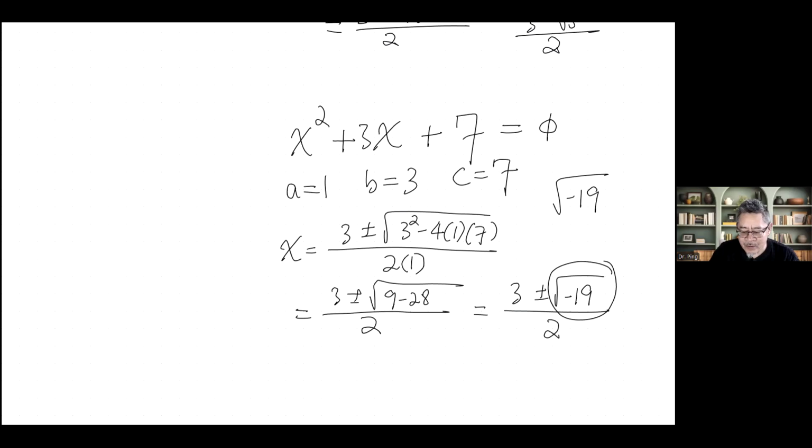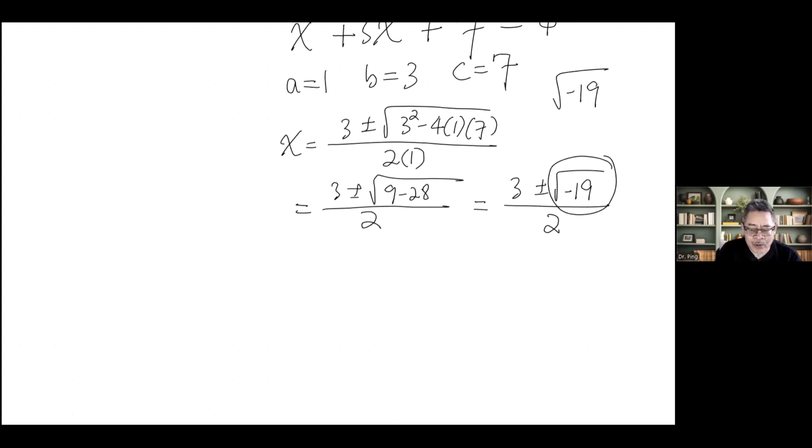You can see that if, let's say, there is a real number, let's say A, or we can use anything else. Let's say we use E as a real number, the square root of negative 19. Then we square both sides, and E squared equals negative 19. But here's the problem.